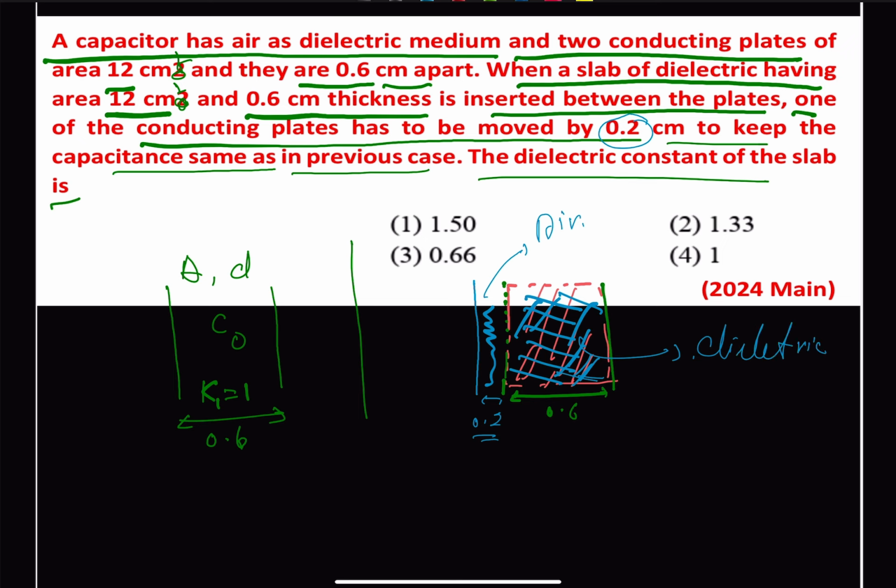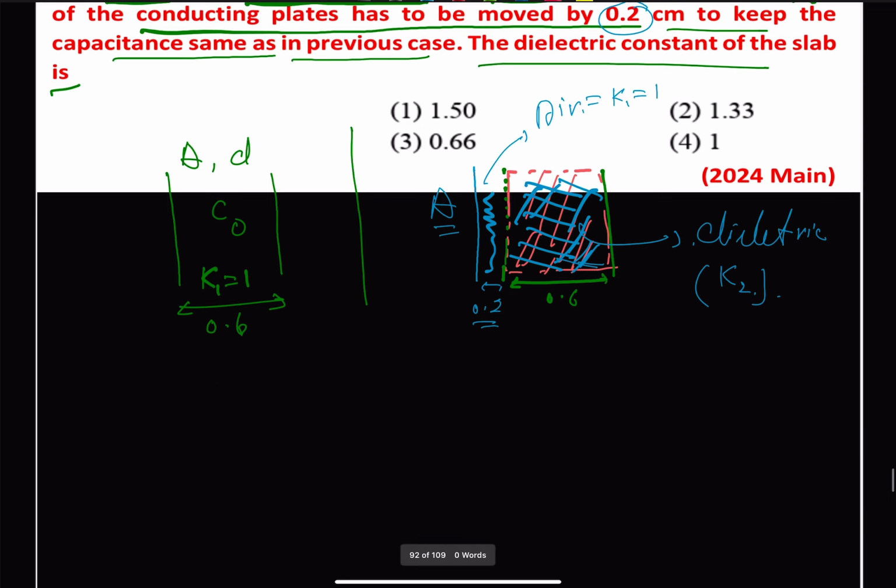So for air we have K1 equal to 1, and here let us suppose the dielectric constant is K2. The area of the plates is the same, so the area is A. So let us find out. This is our initial, and this is our final.